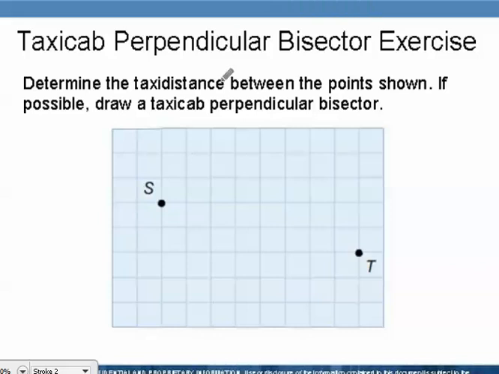Okay? What does a perpendicular bisector mean? So let's look at the distance between these two. We're looking at 1, 2, 3, 4, 5, 6, 7, 8, 9, 10. Okay?